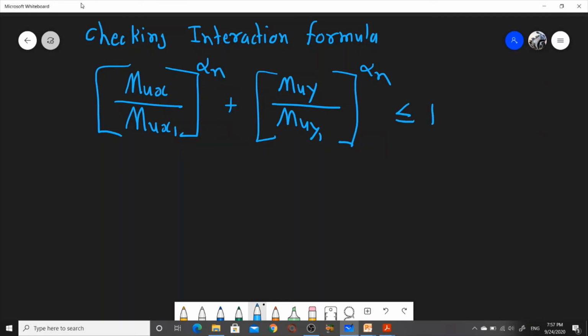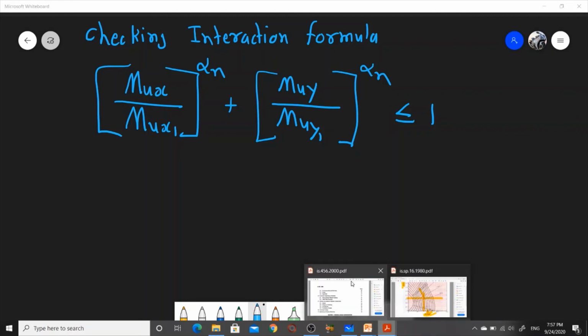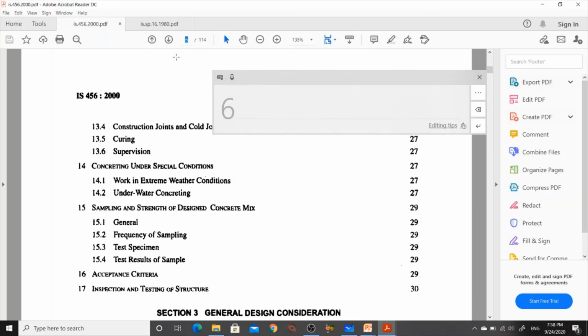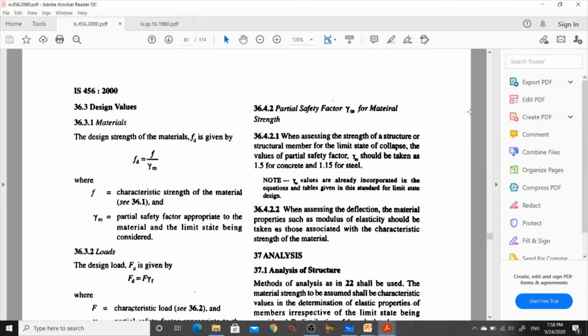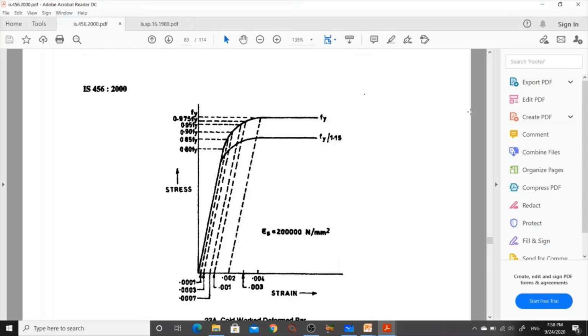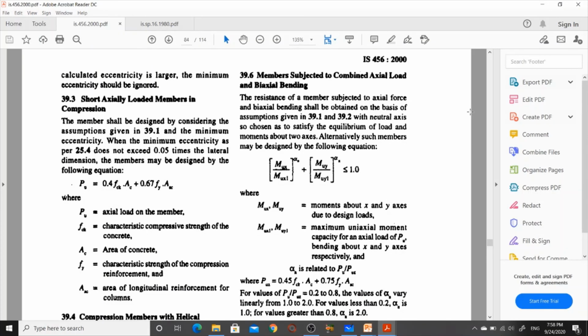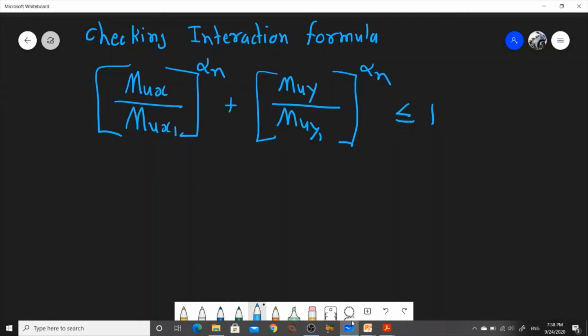This equation is given in IS 456, page number 71. You can see here is the equation. So we have to put all the values in this equation.